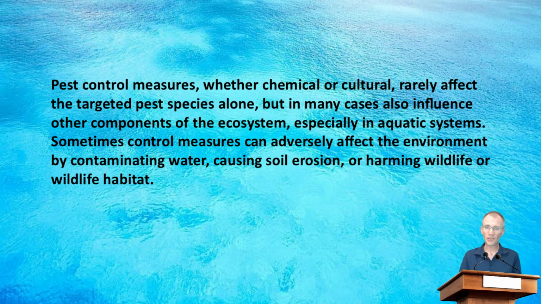Pest control measures, whether chemical or cultural, rarely affect the targeted pest species alone, but in many cases also influence other components of the ecosystem, especially in aquatic systems. Sometimes control measures can adversely affect the environment by contaminating water, causing soil erosion, or harming wildlife or wildlife habitat.